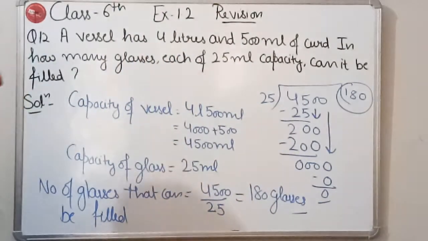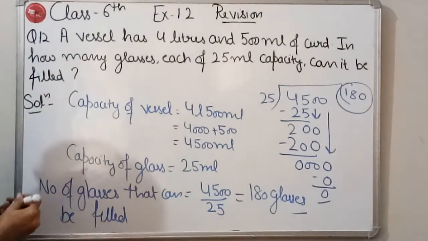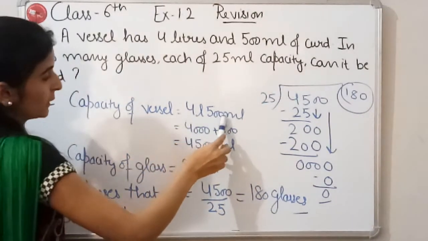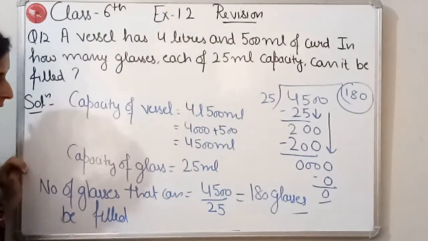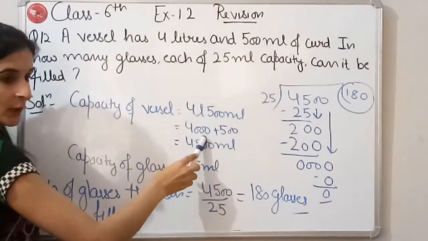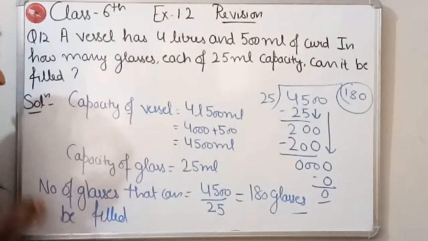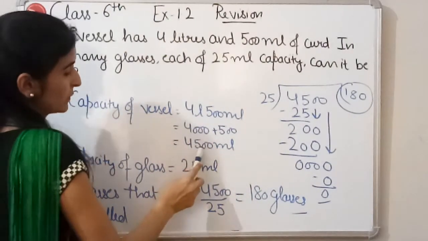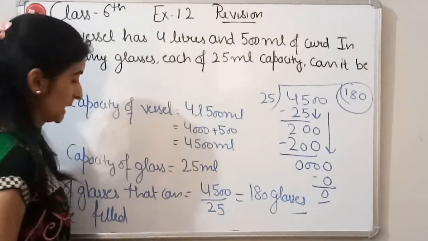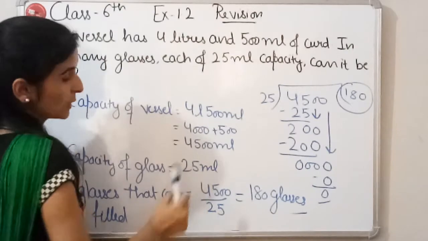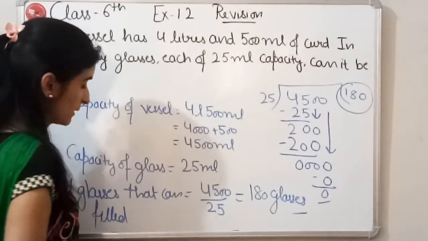Okay. So what was the question, children? We were given the capacity of the vessel, that was 4 liter 500 milliliter. So 4 liter is equal to 4000 milliliter. So 4000 plus 500 is 4500 milliliter. Then we were given the capacity of 1 glass, that was equal to 25 milliliter.